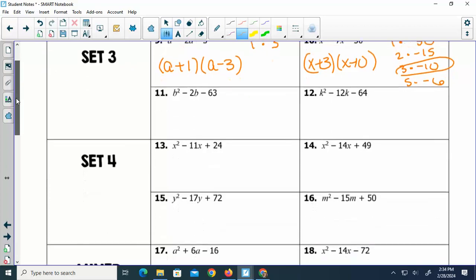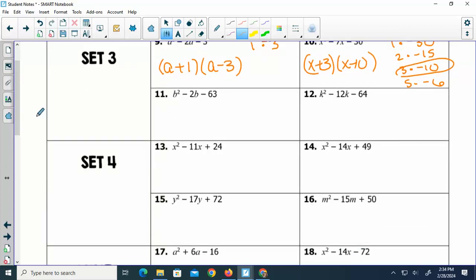All right, everybody, let's jump down to 13 real quick. Everybody make sure you are paying attention to the differences. You have to watch your signs. If they multiply to a negative, we know one is negative and one is positive. But if they multiply to a positive, that tells us both numbers could have been positive, or they could have both been negative.